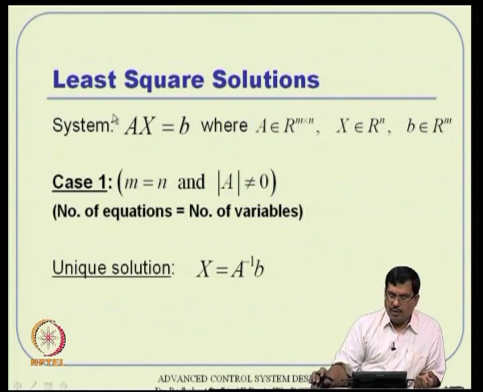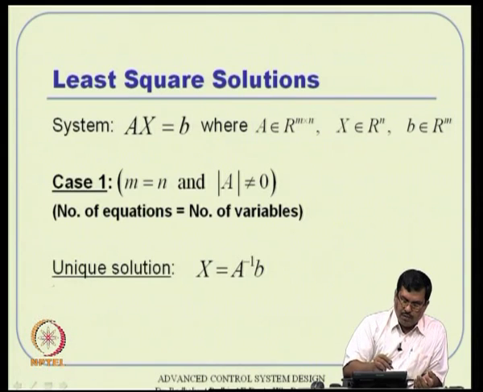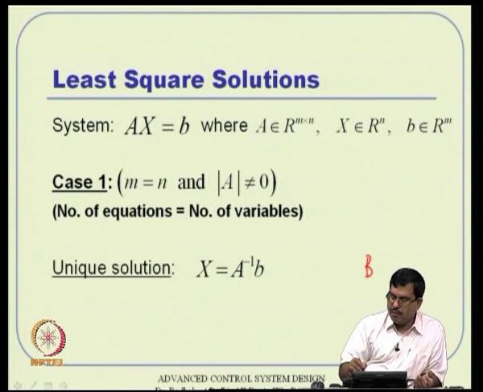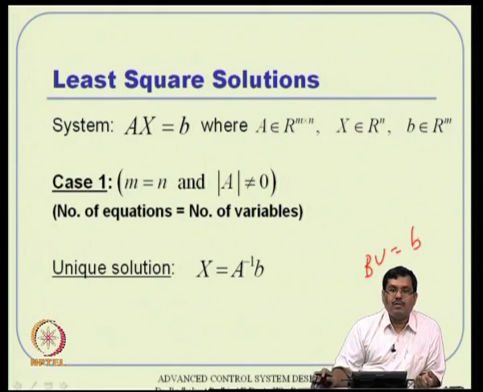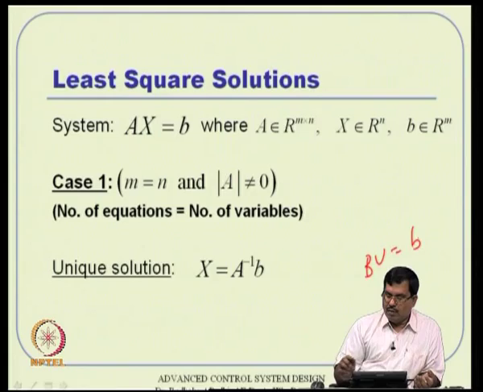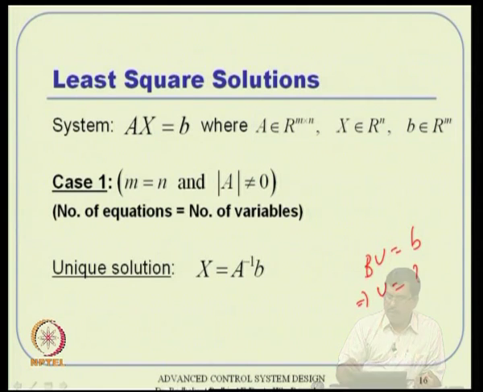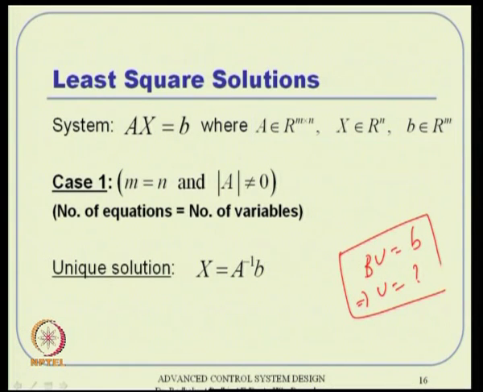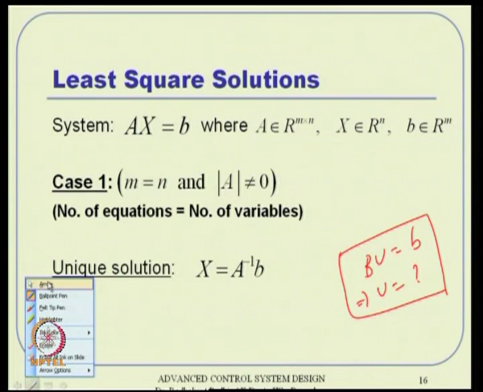In control theory, most of the time we will end up with something like a matrix, some matrix A, which has nothing to do with the control influence matrix, times x equal to some vector b. Now, how do you solve for the control actually? That is the question we will typically end up with many times in control design.